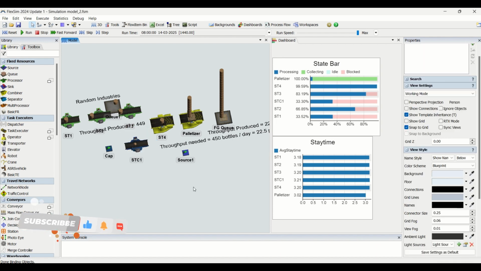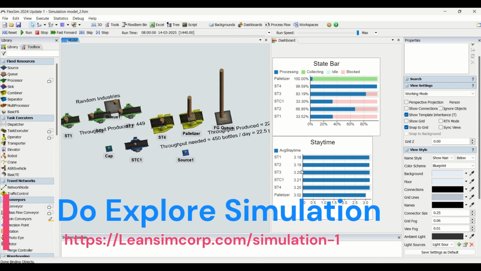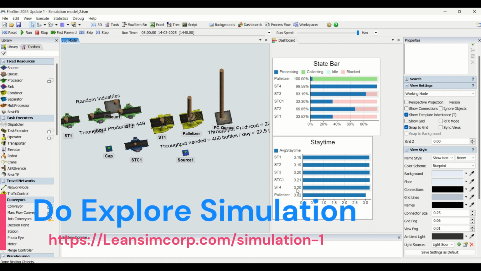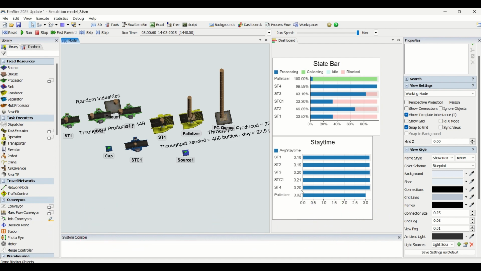So what we are able to visualize in the system is that ST3 and ST4 are the most highly utilized stations. The moment I debottleneck ST4, my next bottleneck is going to be ST3.